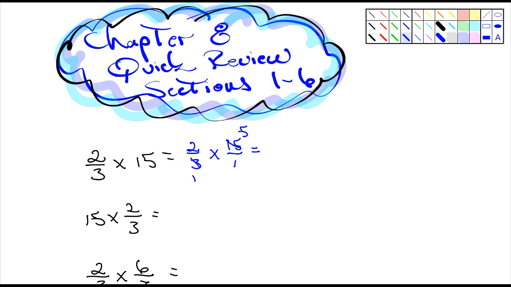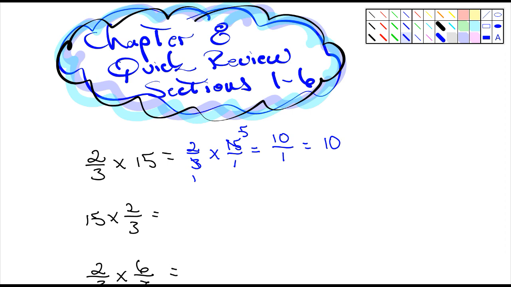So 2 times 5 is 10, and 1 times 1 is 1. Well, 10 over 1 equals 10. And that kind of makes sense if you think about it: what goes into 15 3 times? That's 5. And so 2/3 of that would be 10.